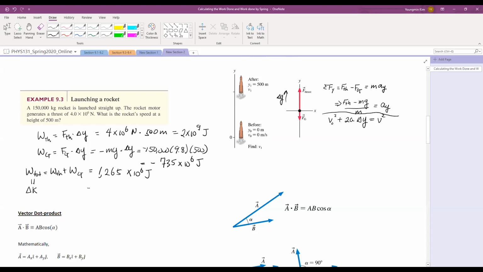So here, this number is equal to the change in kinetic energy. So 1/2 m v final squared minus 1/2 m v initial squared, and we're given that the rocket is launched straight up from the initial velocity of 0, so the initial kinetic energy goes away to 0. So then you can solve here for the velocity. So it's simply that number times 2 minus.